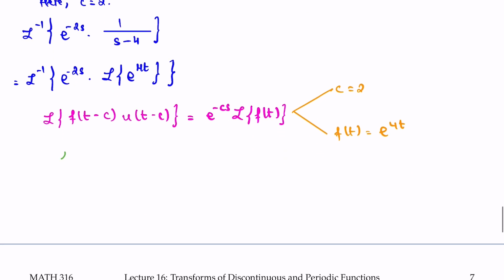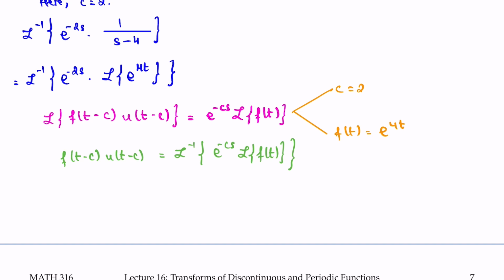One more step. If you find the inverse Laplace transform of e to the negative cs times the Laplace transform of f of t, given that you know the value of c and you know the value of f of t, f of t is equal to e to the 4t.